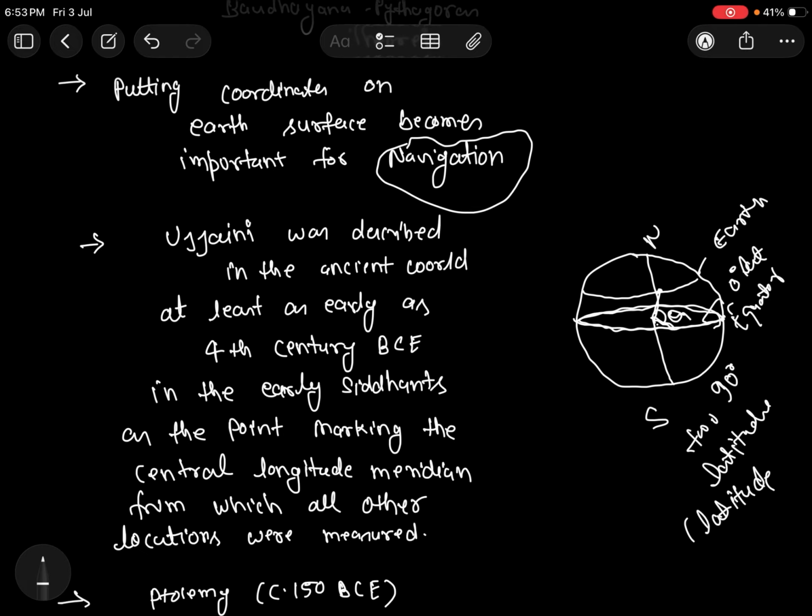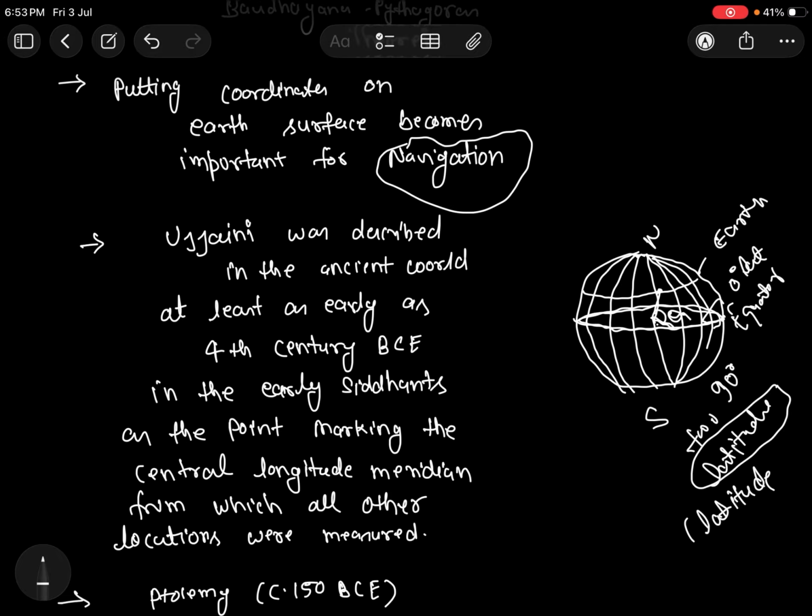For making another reference plane, there is longitude. You know how to measure latitude: it is nothing but the angular distance from the equatorial plane. For the measurement of longitude of any point, we have divided this earth into many great circles running from the north pole to the south pole.